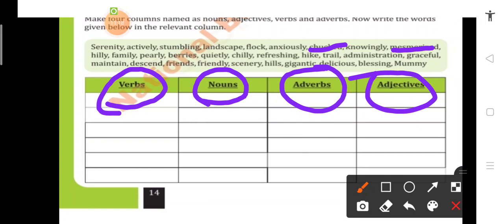Gigantic, friendly, that is also an adjective. And then chilly, that is also an adjective. Serenity, that is also an adjective. So such kind of words you will write in the column of adjectives. Hopefully you have understood all the concepts of verbs, nouns, adverbs, and adjectives.